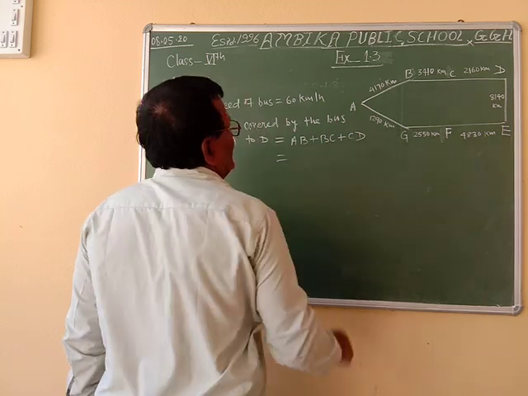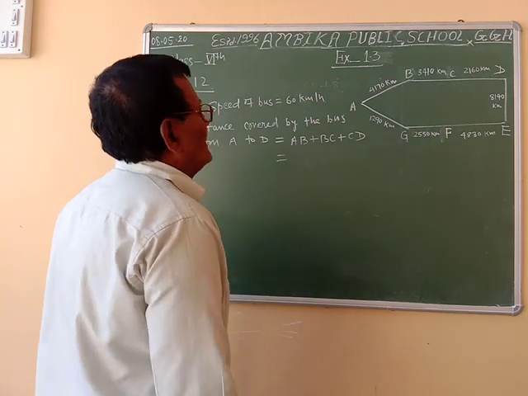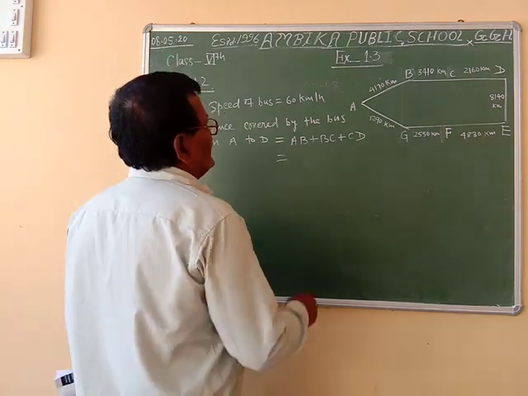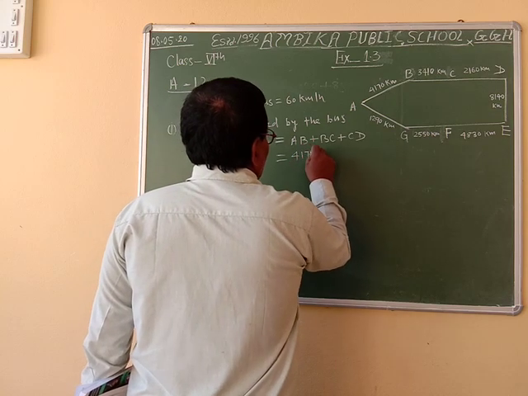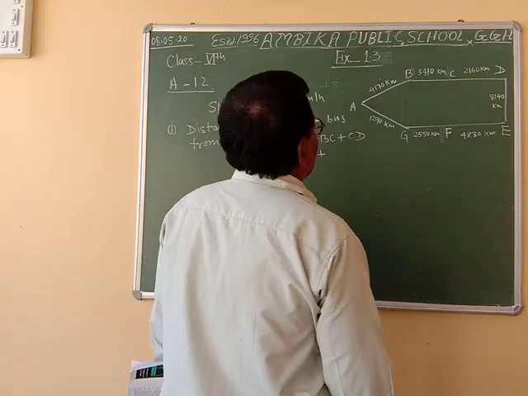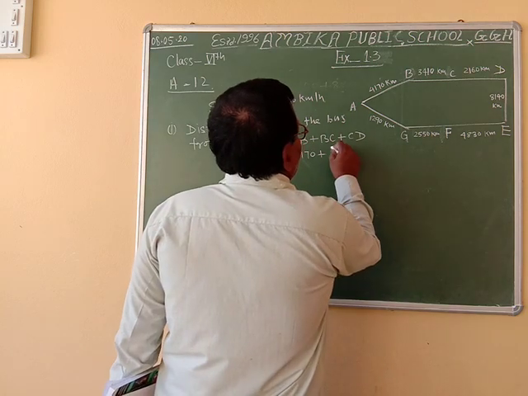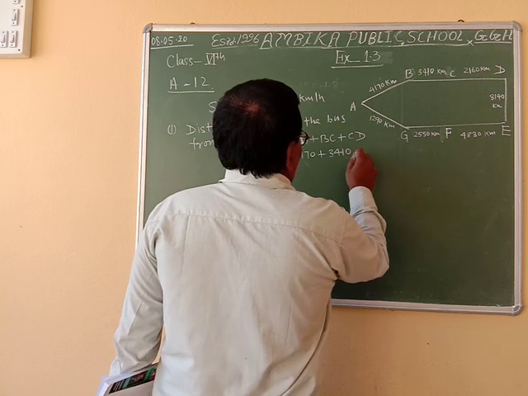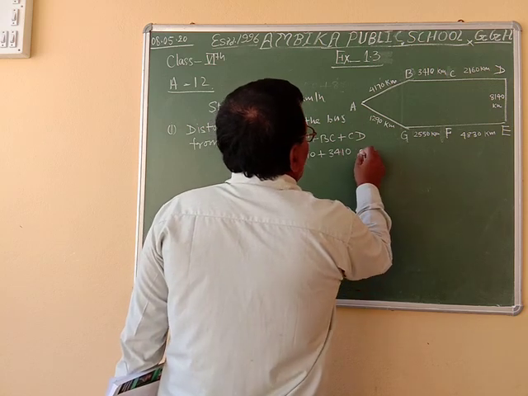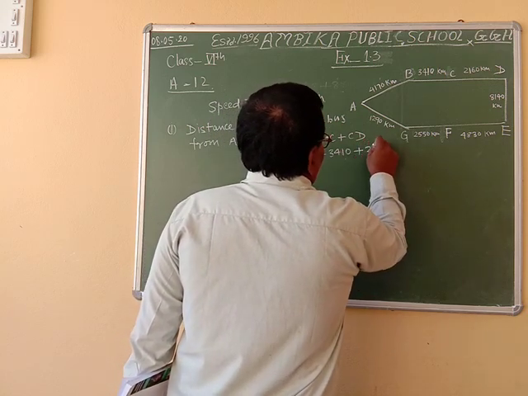Equal to AB distance, which is given as 4170 meter, 4170 plus BC distance, which is given 3410, plus 2160.